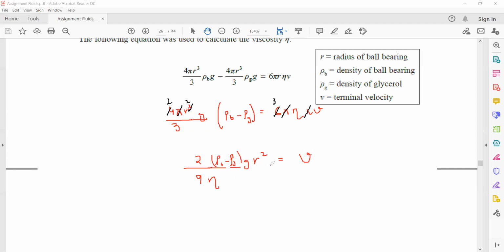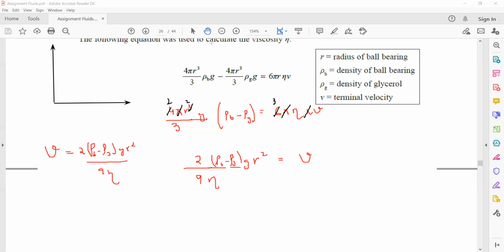If I rearrange the equation, just move the left hand side to the right hand side, I can say v, the velocity, is equal to 2 times the difference in the density times g r square by 9 eta. Now basically, when you want to plot a graph, you can plot it for a quantity which can be varied.